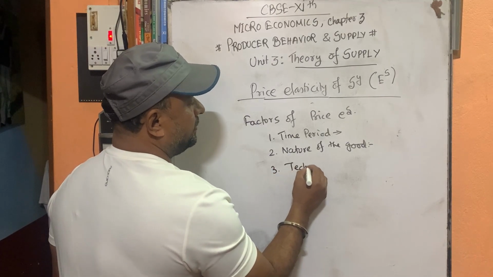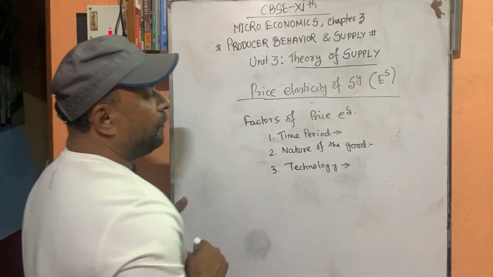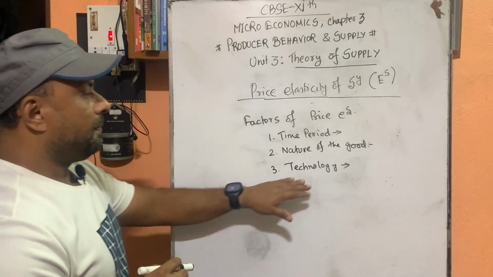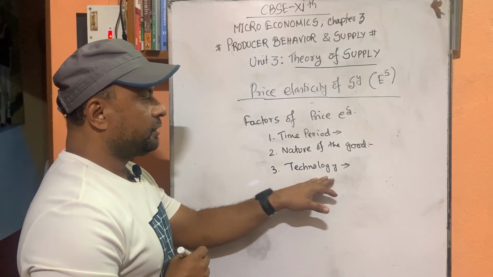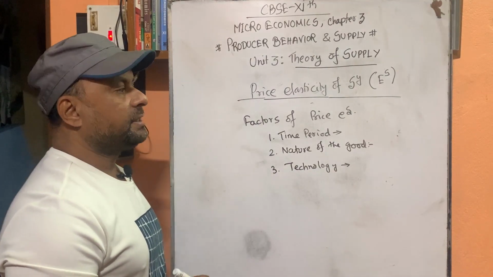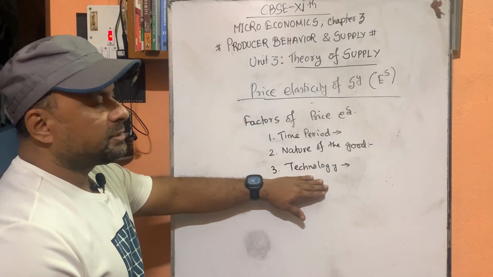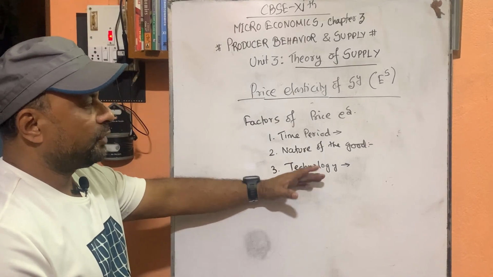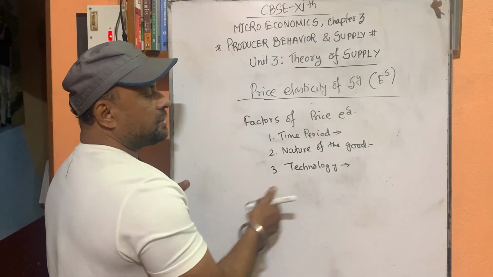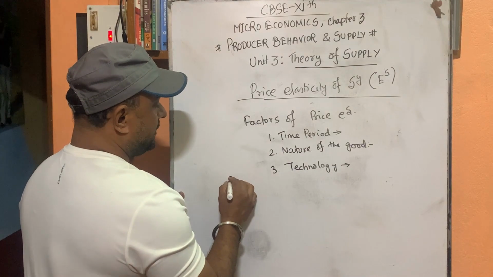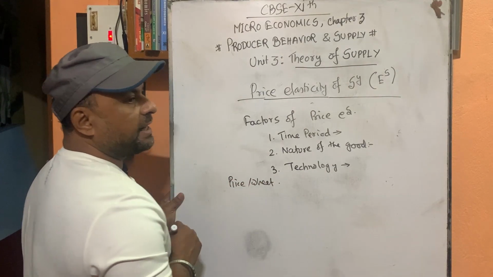Number 3, technology. Okay. When complicated techniques are used in production, price reaction is less, because in a complicated technique, the producer cannot easily change the production because it is a long process. But in case of a simple technique, suppose production of rice, at that time the producer can easily change the production. Suppose rice and wheat. In the same field, the producer can produce rice and wheat.